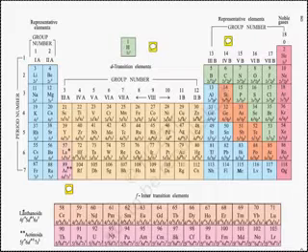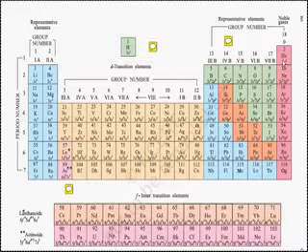Then here we have a zigzag line indicating the semi-metals or metalloids. They show properties that are characteristic of both metals and non-metals, that is silicon, germanium, arsenic, etc. Then we have non-metals on the right side of the periodic table.